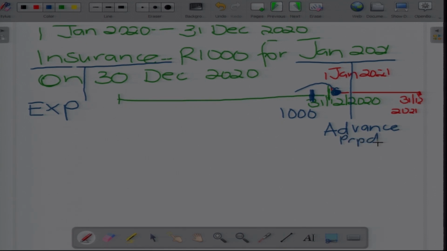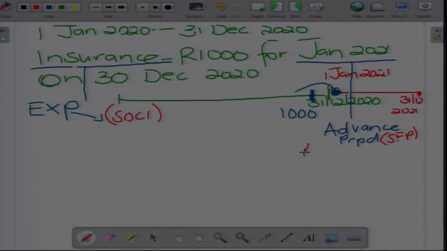Okay. So we know our expense goes to our statement of comprehensive income, and our advance must go to our statement of financial position. But now remember, with the statement of financial position, there is 3 elements, right?